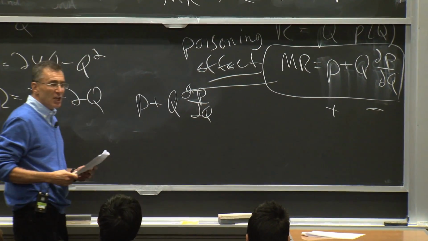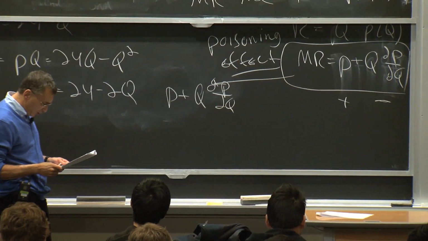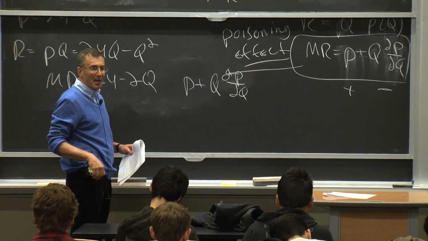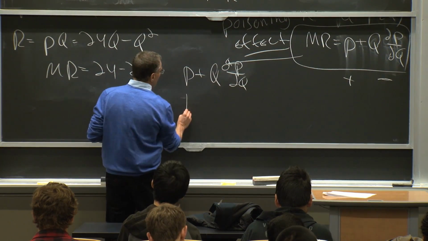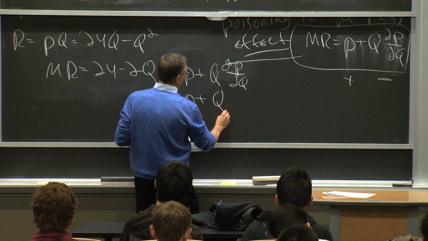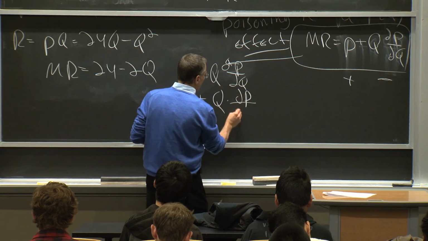Now let's remember the definition, and what we're going to do is take that equation and multiply and divide by P. So you get P plus Q times dP/dQ.